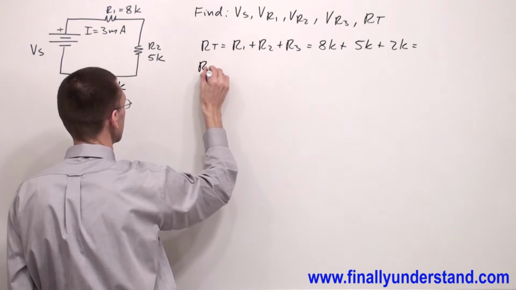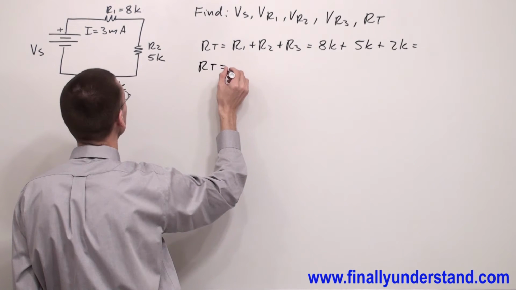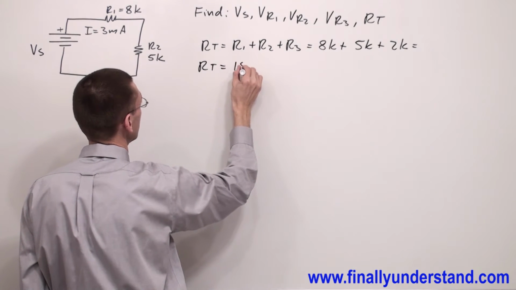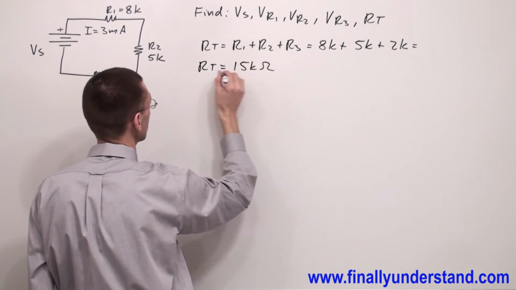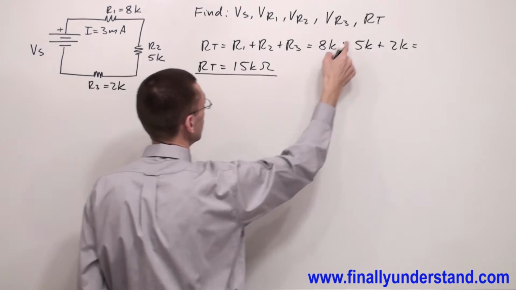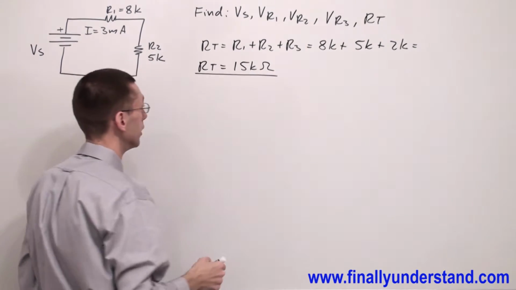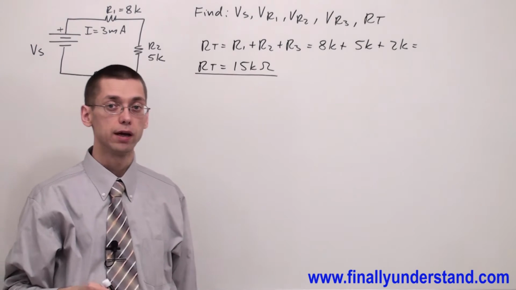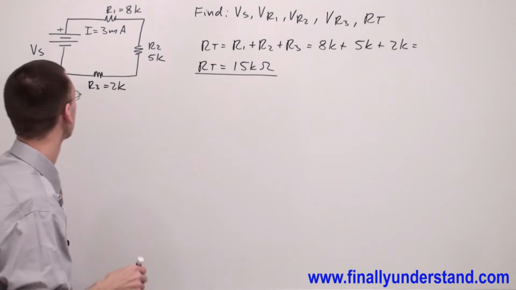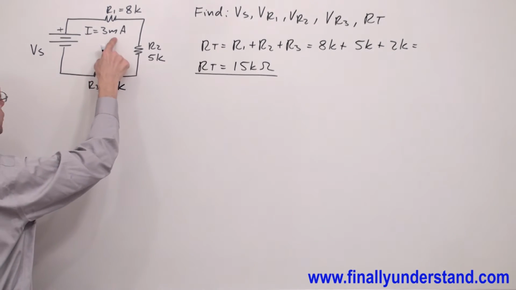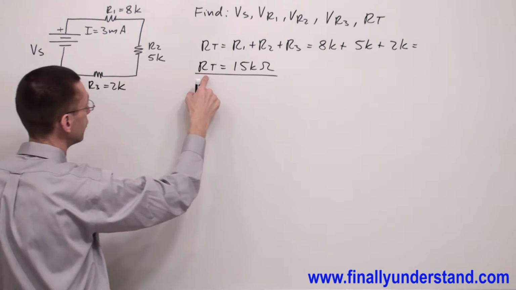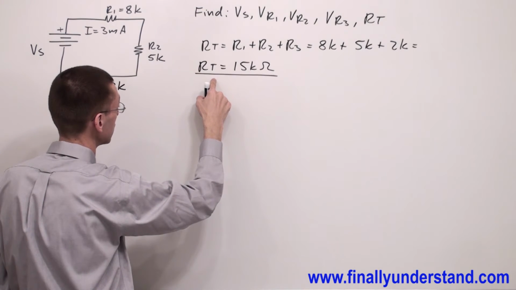Total resistance in this circuit is equal 15 kilohms. We found total resistance. Next, we have total current given. I is equal 3 milliamps, and we found total resistance.